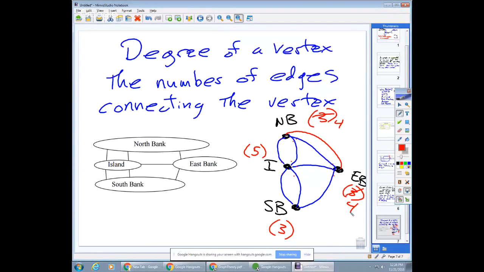How about the island to the South Bank? If I added another one right down the middle there, that would make this one 6 and this one 4. So when you redraw the graph by adding extra edges like that to try and make an Euler circuit, that's called Eulerizing the graph. So this modified graph here is called an Eulerization.